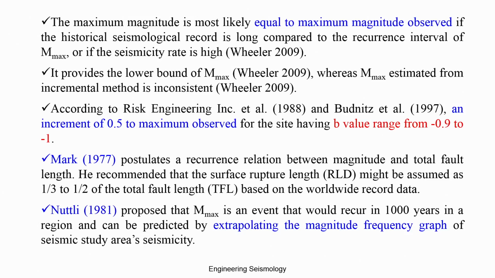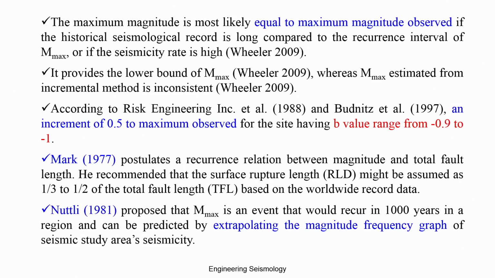The maximum magnitude is most likely equal to the maximum magnitude observed, like the M1 method, if the historical seismology record is long compared to the recurrence interval of M max, that is, if the seismicity rate is high. So basically if I have a 200 year return period of earthquakes, but I have 1000 years of data, then I can go for the M observed as a magnitude, which will be close to M max.